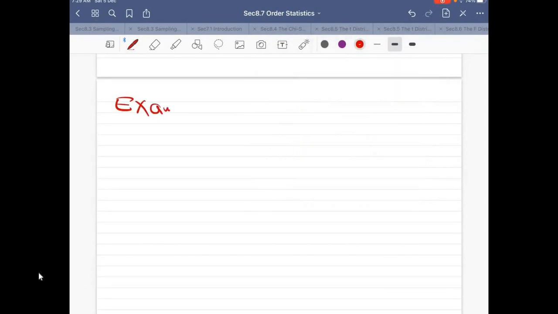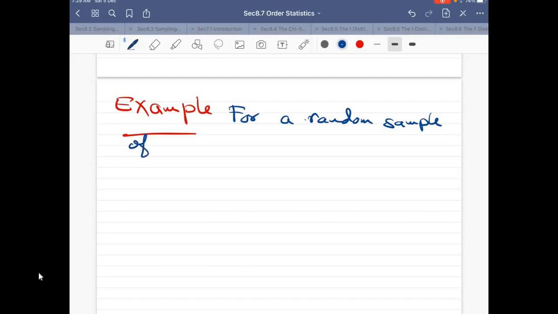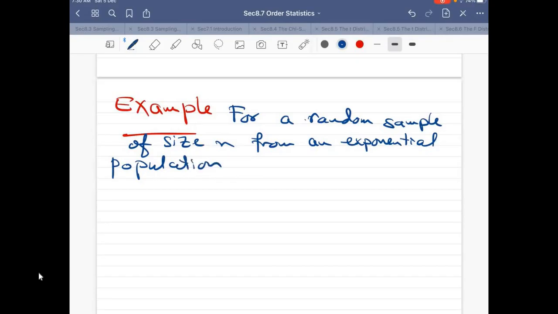Let's suppose that I have a random sample of size n from an exponential population with the parameter theta.